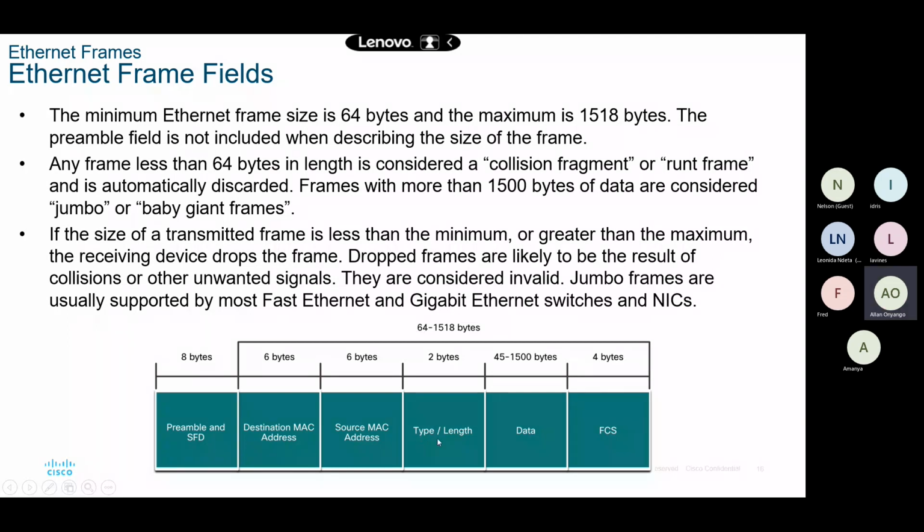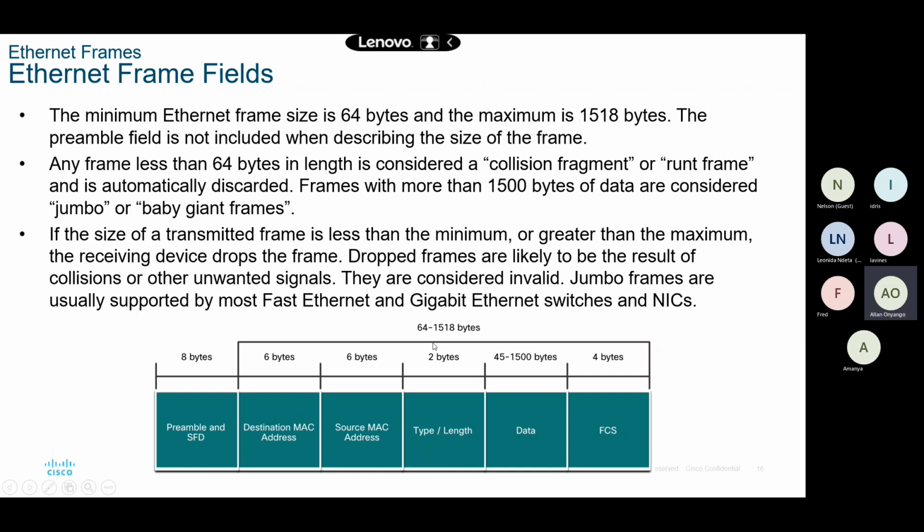And instead of having the type, which is the type of layer 3 address, we have type or length here. And then the data we are carrying here, which has the maximum size here. We have the data here, which is actually the packet. And then for checking errors, we have the FCS, frame check sequence.